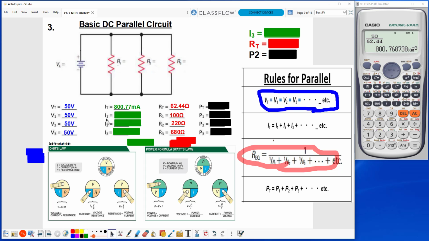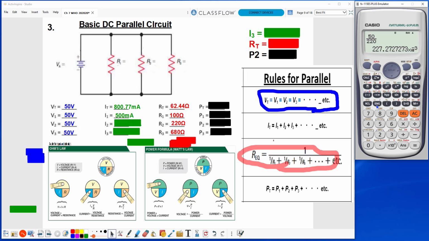Alright, so now we can calculate I1 using Ohm's Law, cover up the I, V over R. So I1 is equal to the V of 50 volts over the R of 100 ohms. And that gives us 500 milliamps. Now I can do I2, which would be 50 volts over 220 ohms. So I'm going to leave the 50 in there, and I'm going to change this out to 220 ohms.